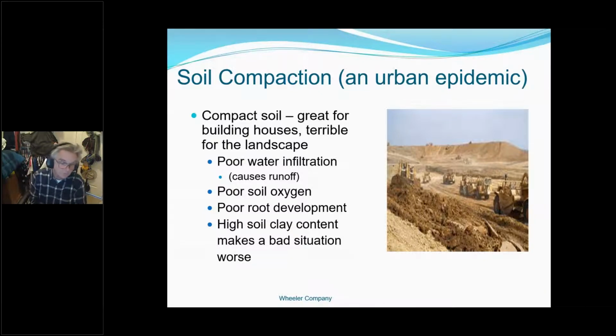And that's great for the house. It makes the houses more stable during earthquakes, but very, very, very bad for water penetration. It suffocates the soil. It pushes the oxygen out, makes it very difficult for plants to grow in it. And then if you have a high soil content, it makes a bad situation worse.